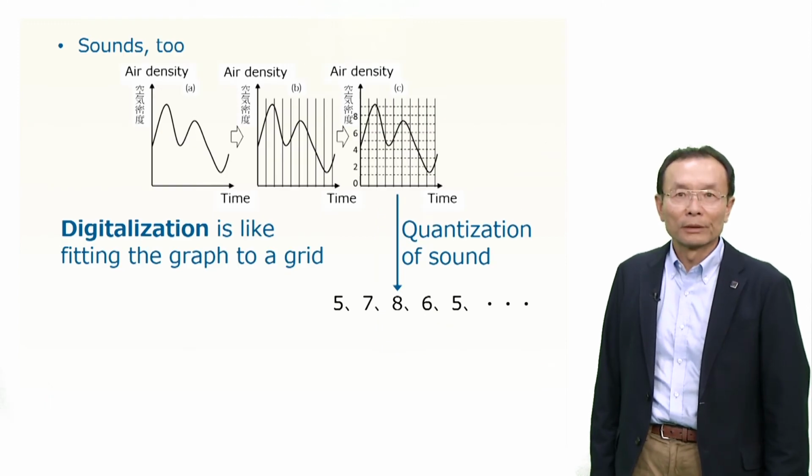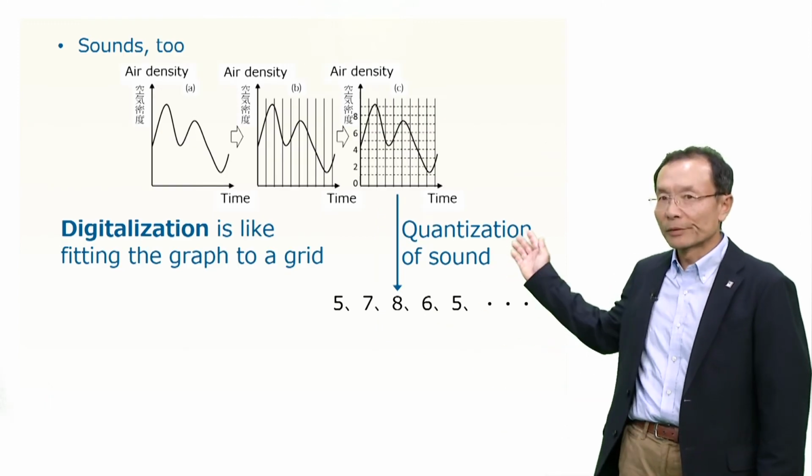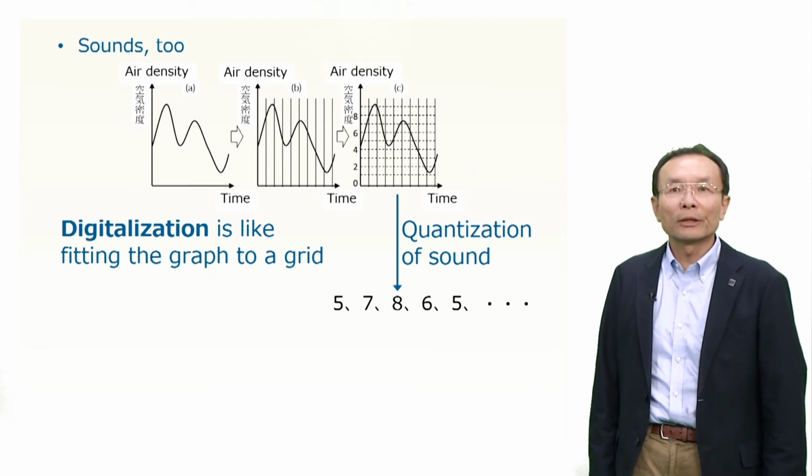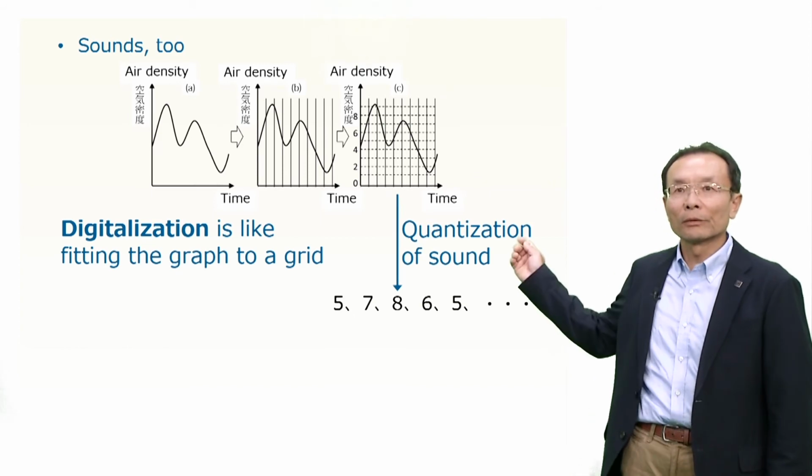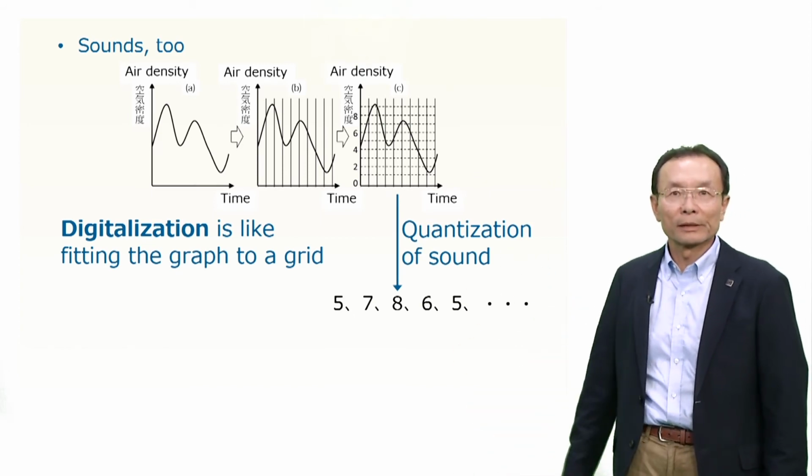How about sound? Sound is waves from the density of air. Waves propagate sound. You can apply graph paper to these waves as well to digitize them. Let's start by separating the quantity time with vertical lines.